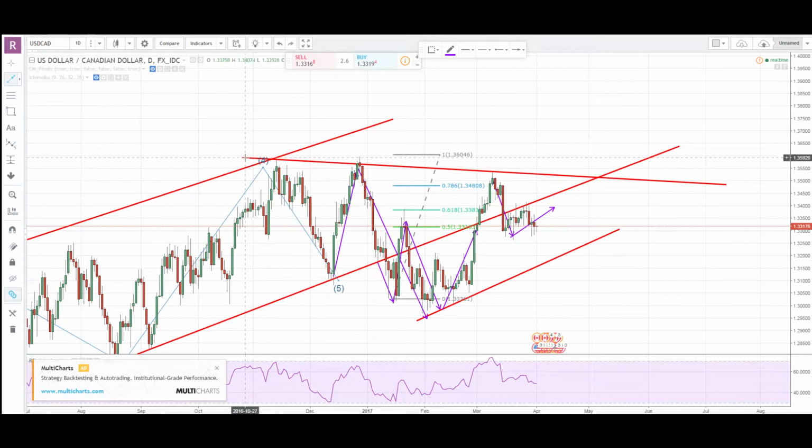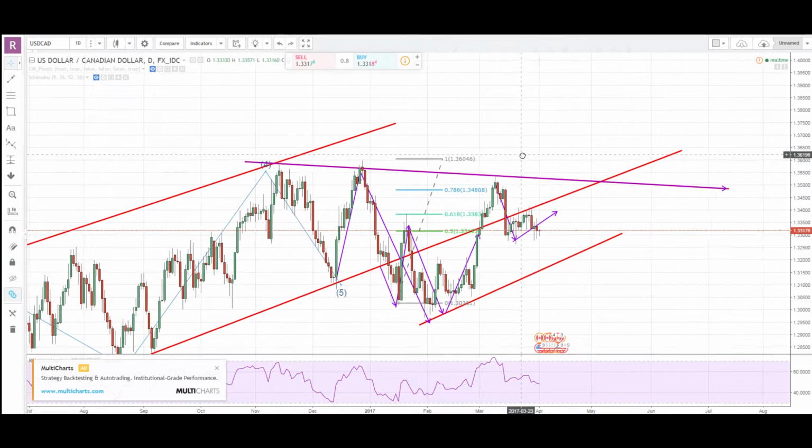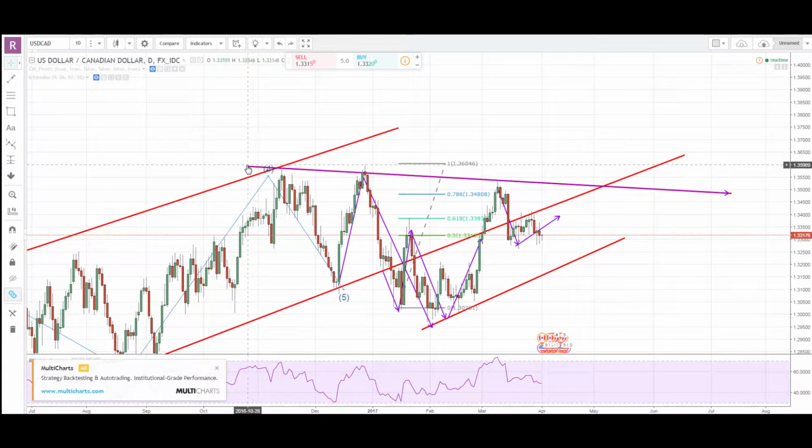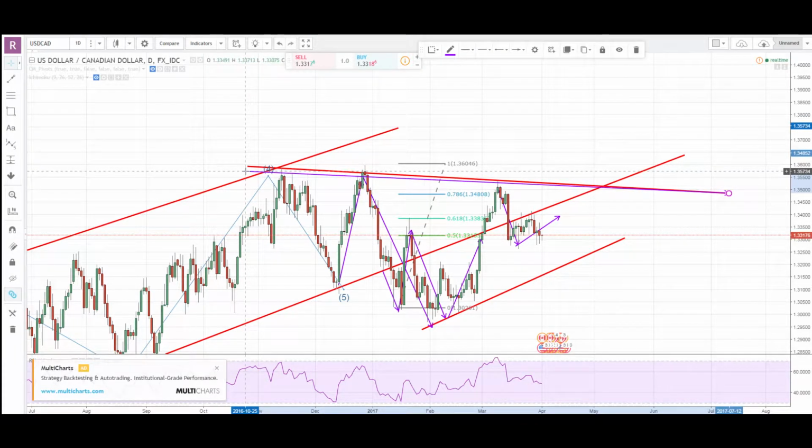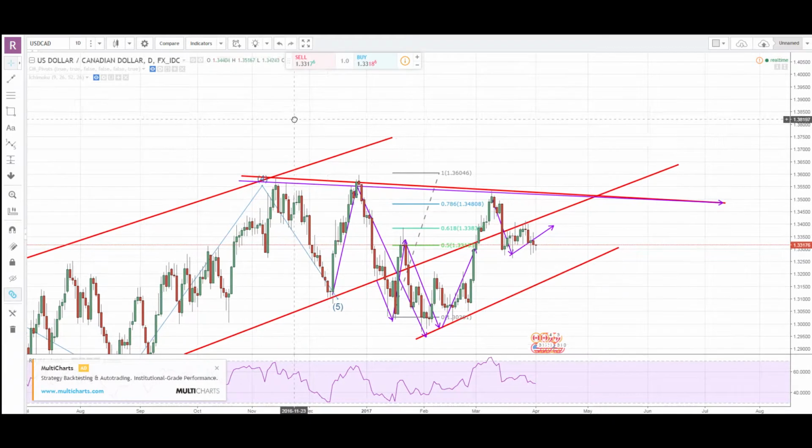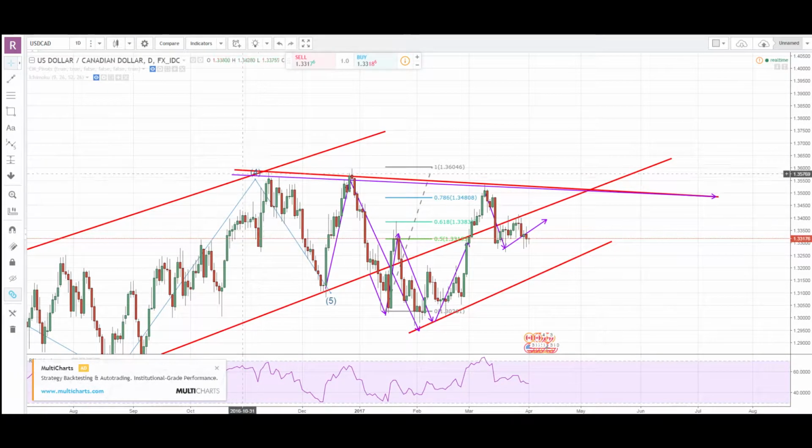Because of this line. You can actually even play it like this. It is a nice Elliott wave channel right there, because it tested like 3 times.